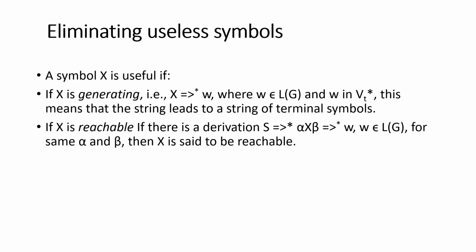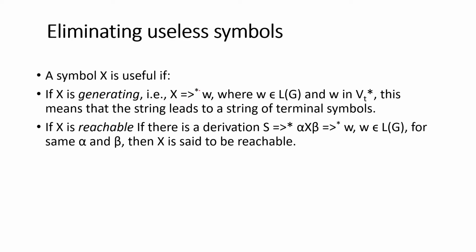First point is that if X is generating, that means X can be rewritten as W, where this star means actually after some steps you will get this W. The steps are not given over here.